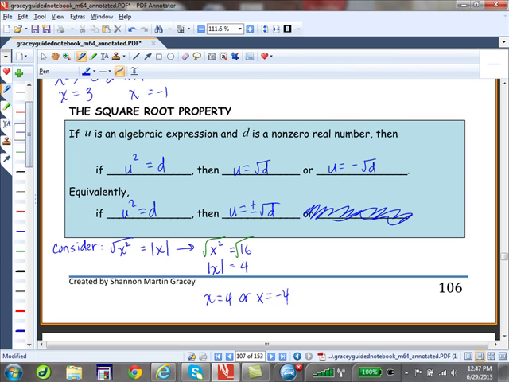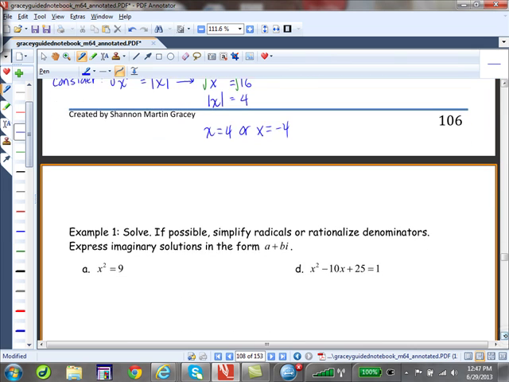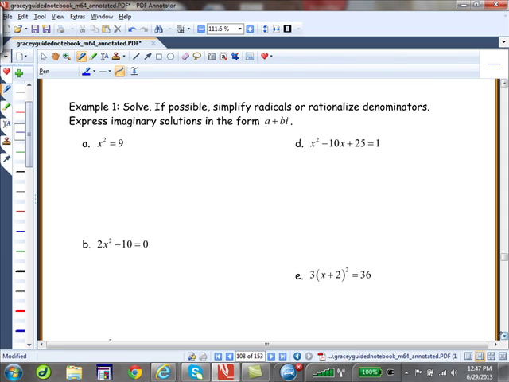All right? So here we go. Your author tends to give results in terms of plus or minus and not emphasize the absolute value, so I'm going to go ahead and follow through with what the author does.